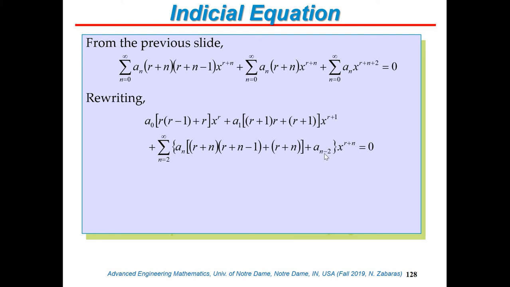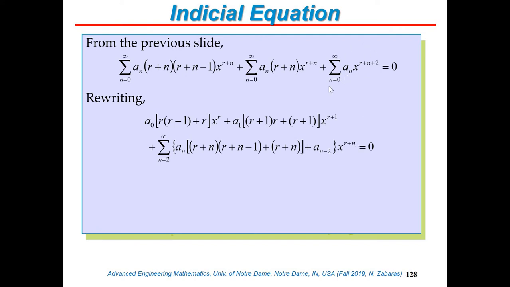Can you see this? If you take the first term of this, it will be x to the power r plus 2, and you can see from here, for n equal to 0, you get a0 x^(r+2), and similarly a1 x^(r+3), and again here you can see for n equal to 3 you get a1 x^(r+3).